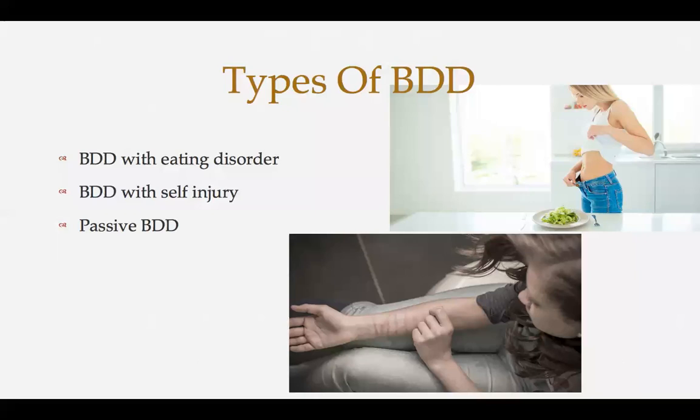The next one is BDD with self injury. Here the main highlighting symptom is that the person purposefully induces harm onto themselves, especially to the body parts they are worried about. This includes cutting oneself, pinching one's skin, and scratching oneself with the nails or objects.